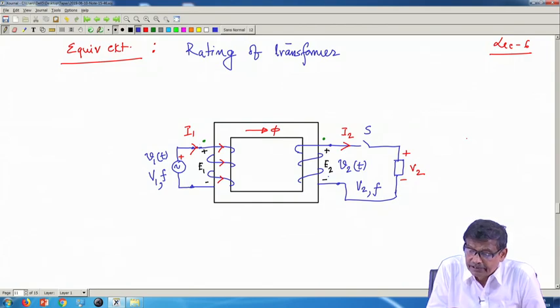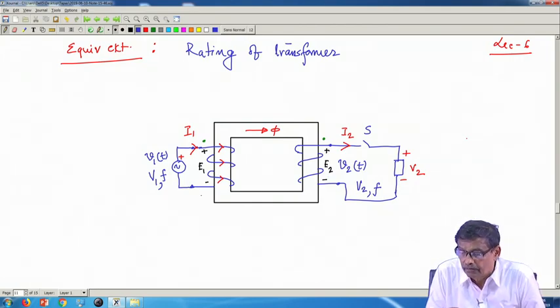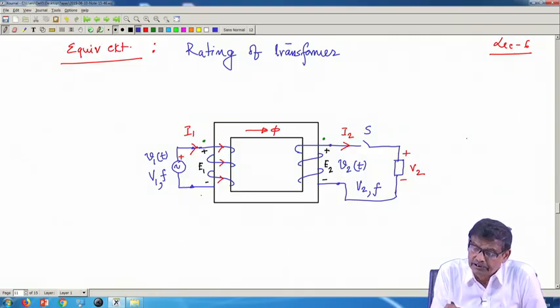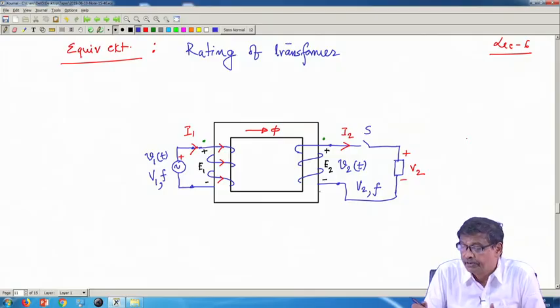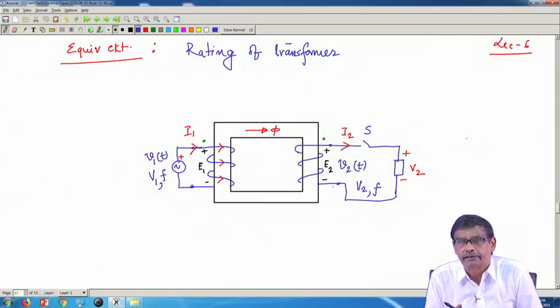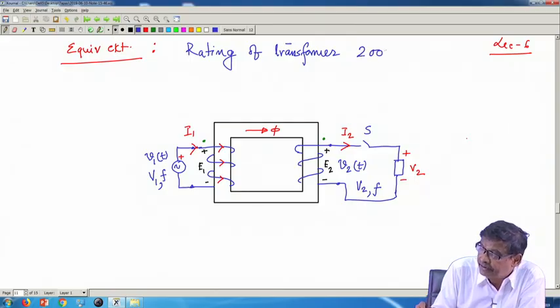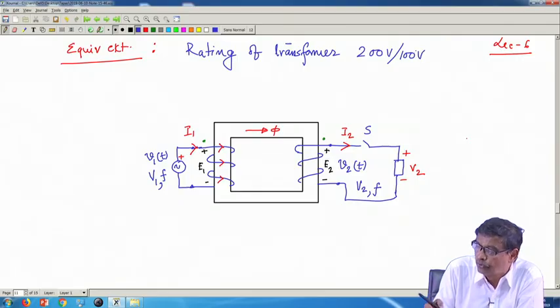And also what is the current carrying capacity of the coils on both sides. For example, somebody writes the voltage ratings like this: 200 volts stroke 100 volts.